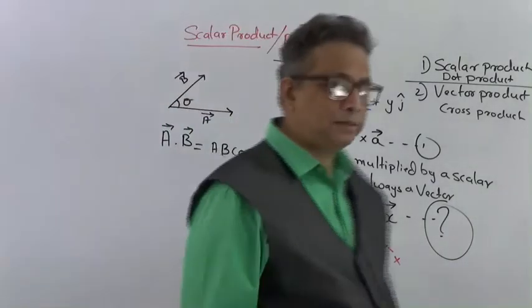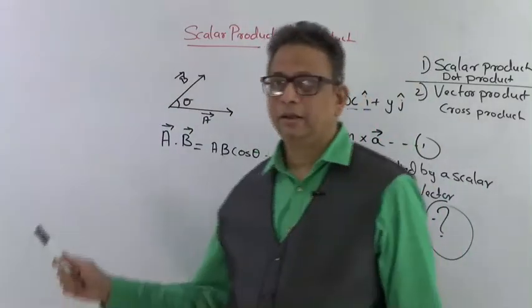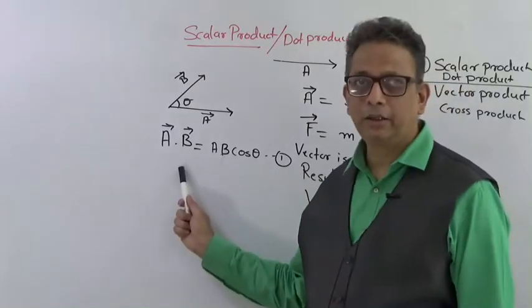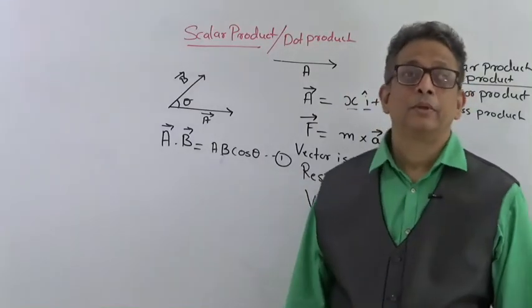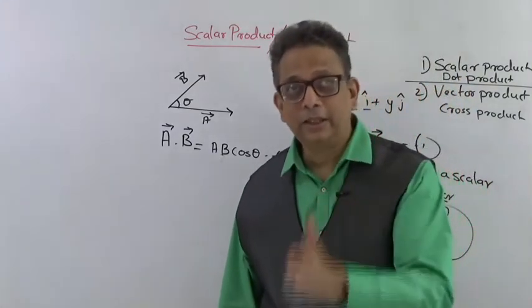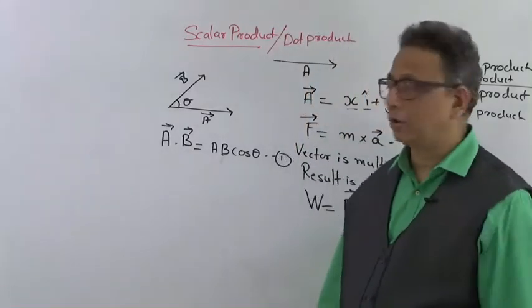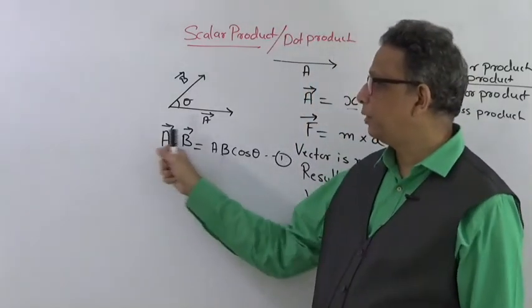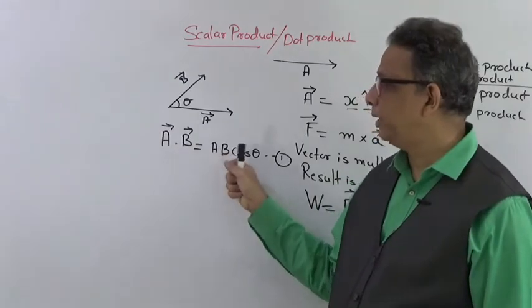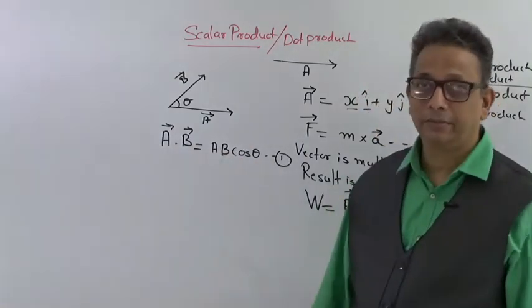This is the simple relation of scalar product. When two vectors are multiplied using dot product or a scalar product, the value of this dot product is given as magnitude of A into magnitude of B into cos theta.